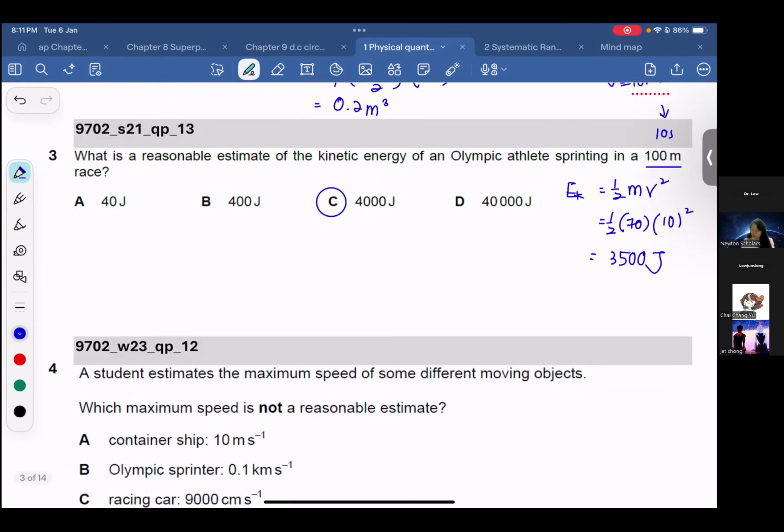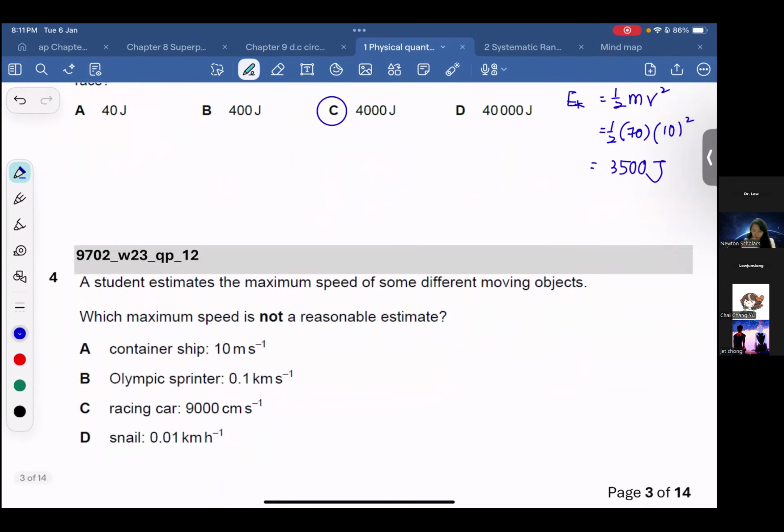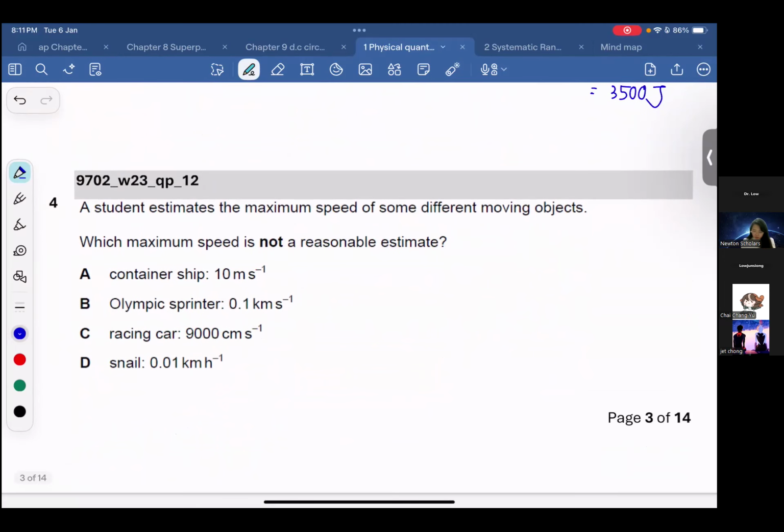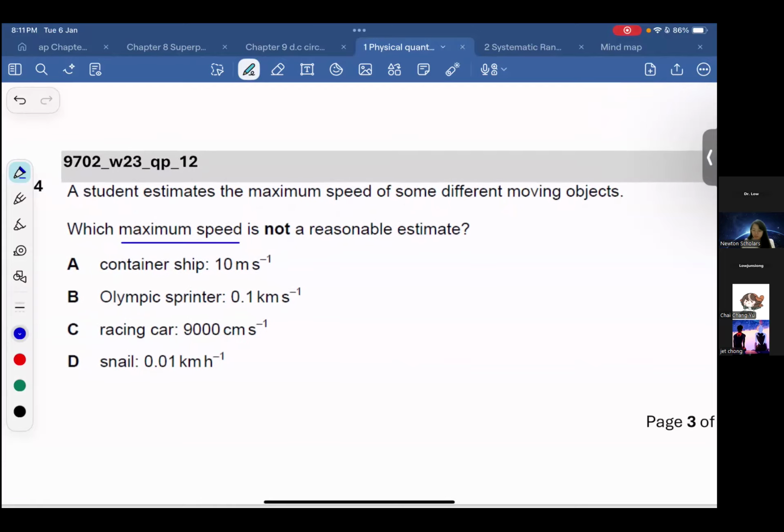Okay, dear, we go to question number 4. Which maximum speed is not a reasonable estimate? Although for the answers A, B, C, D, teacher, how can I know the container ship? How can I know the racing car? How can I know the snail? It's okay.